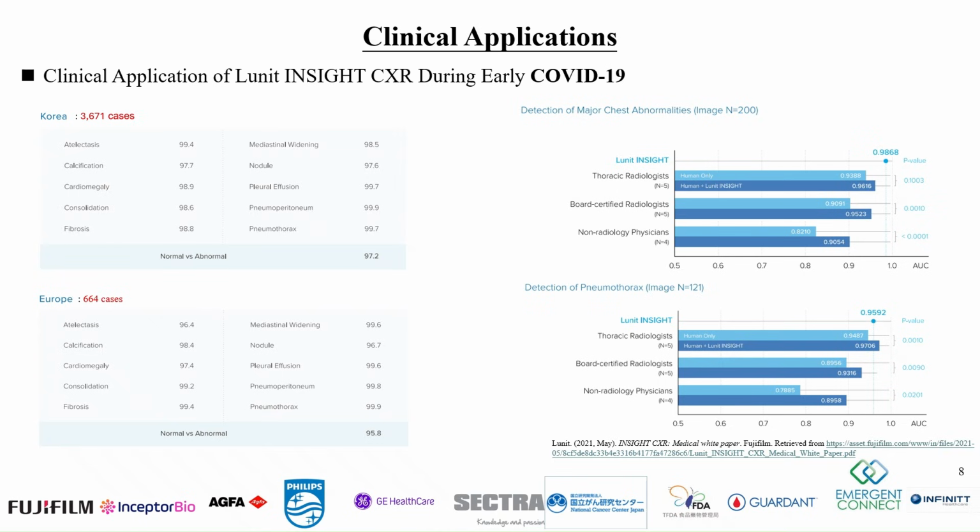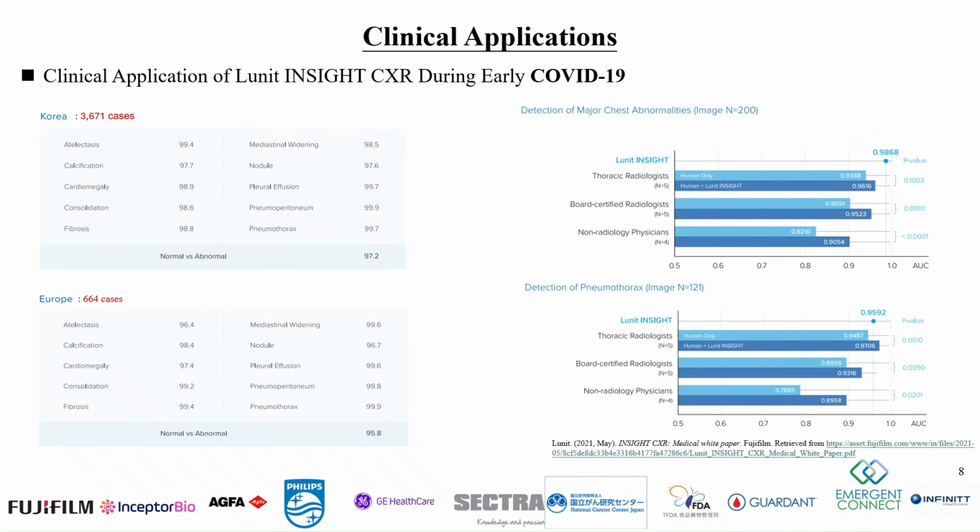Lunit has more than 10 multinational partners. In the clinical application of Lunit INSIGHT CXR during early COVID-19, the system was tested on more than 4,300 X-ray cases from Korea and Europe, achieving an AUC between 95% and 97% across 11 abnormalities.